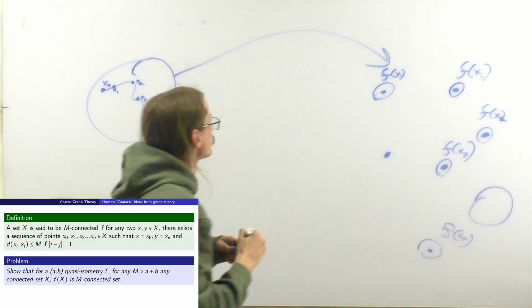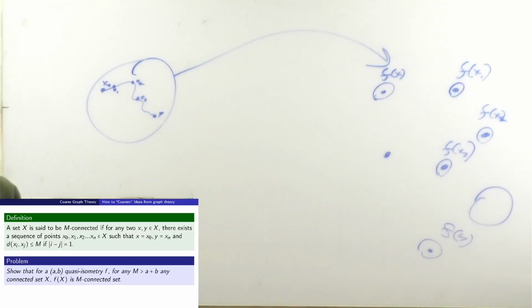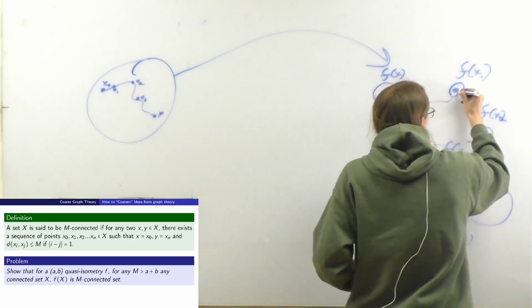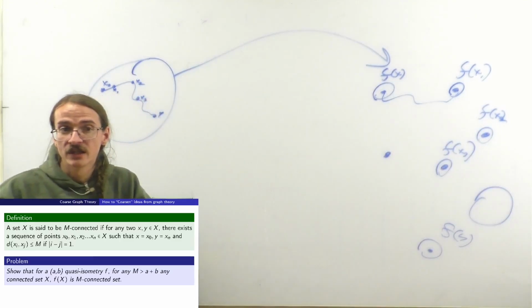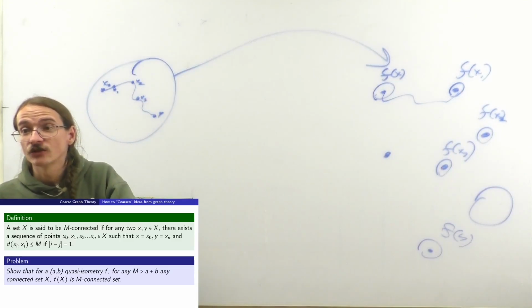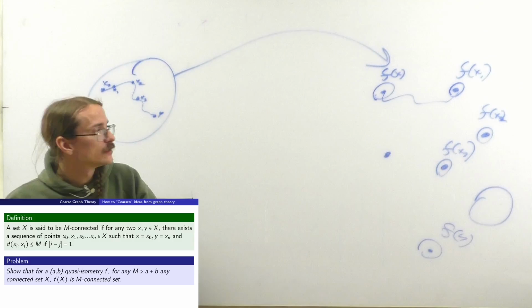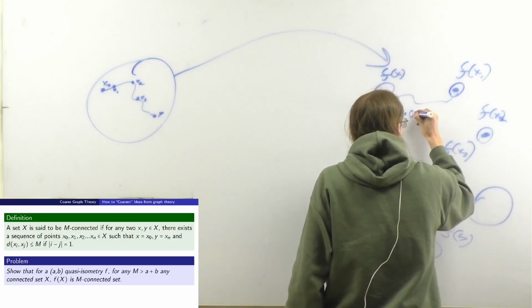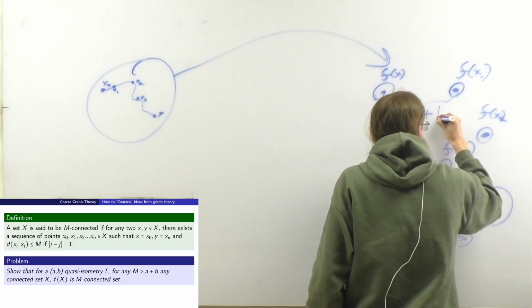You get the idea. Now, this is an (a, b) quasi-isometry, which means that my distances, this distance was 1, got distorted by a linear function, a and b. So now it's going to be 1 times a plus b.